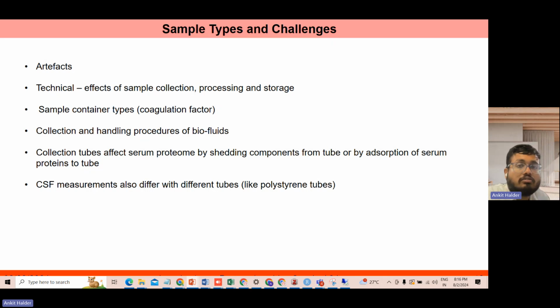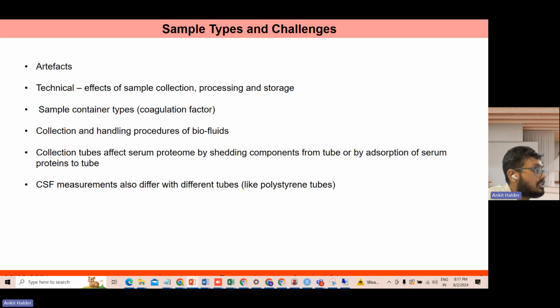When we say we are observing certain changes between the two groups or cohorts, the onus is on us to make sure that there are no technical artifacts, challenges or limitations associated with the sample preparation and sample collection, and that all the changes we are observing are completely biological variation.